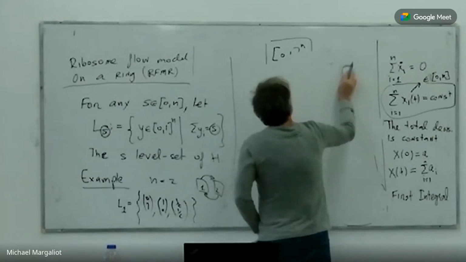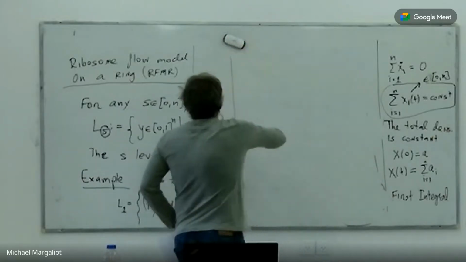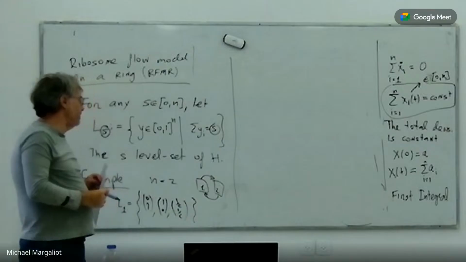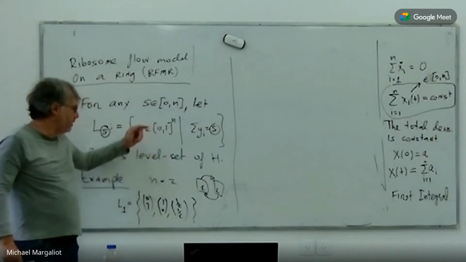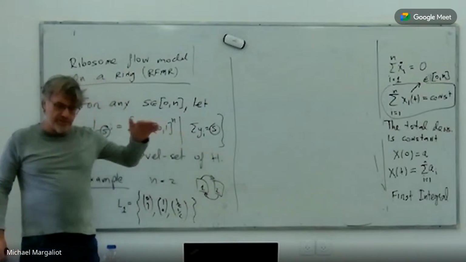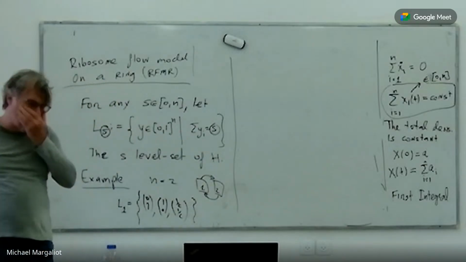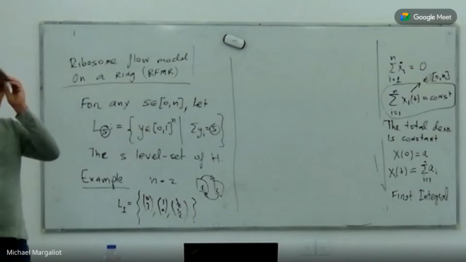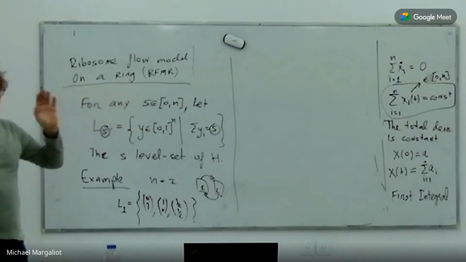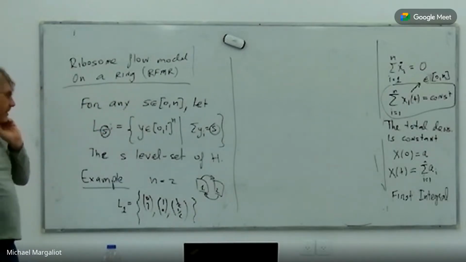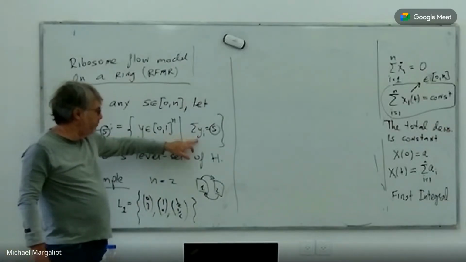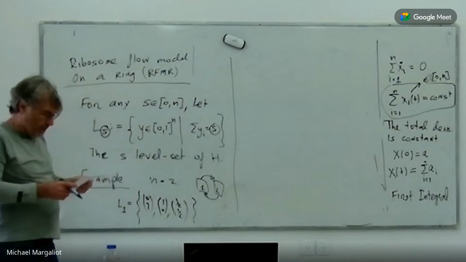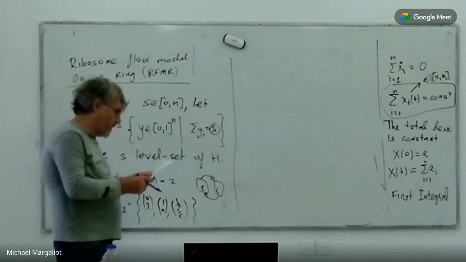Let's talk about this as if it's an energy. Although it's not an energy, it's a total density, but let's think about this H as the conserved energy. So I want to look at all the configurations in which I have exactly this energy. You can think of LS as all the possible configurations where the total energy is equal to S.